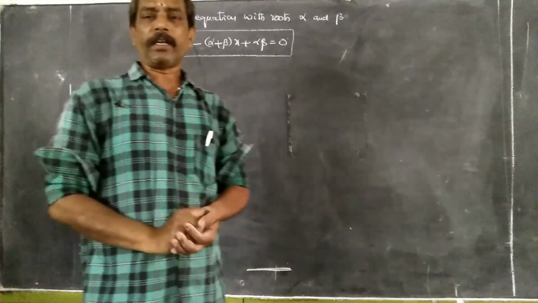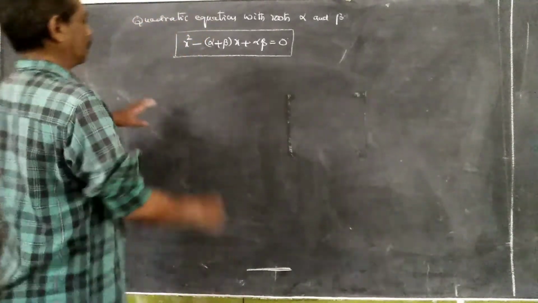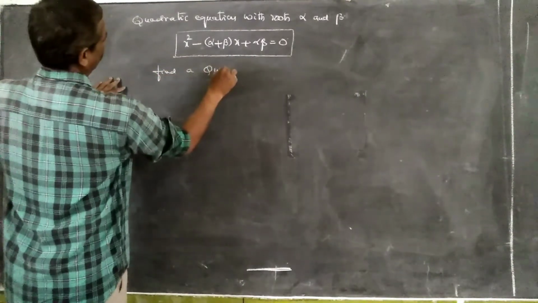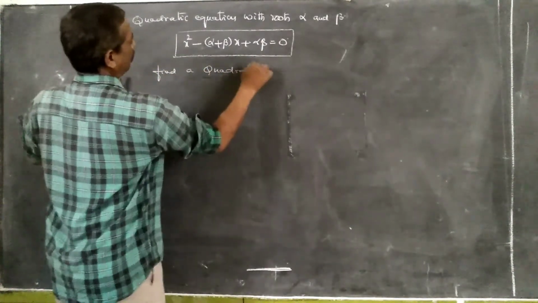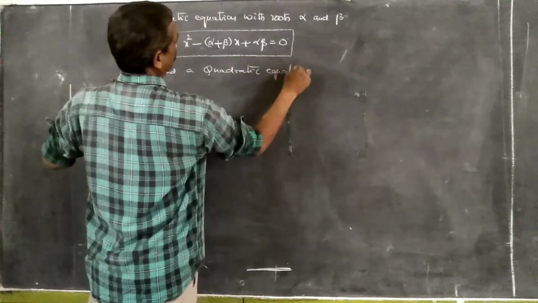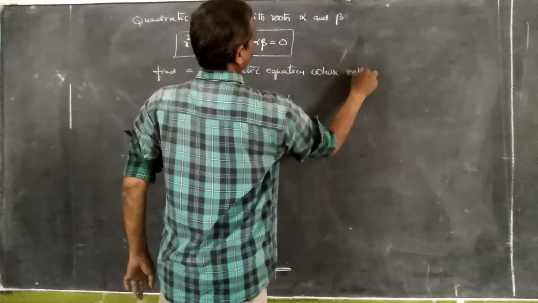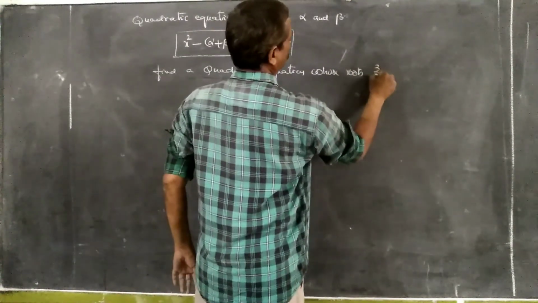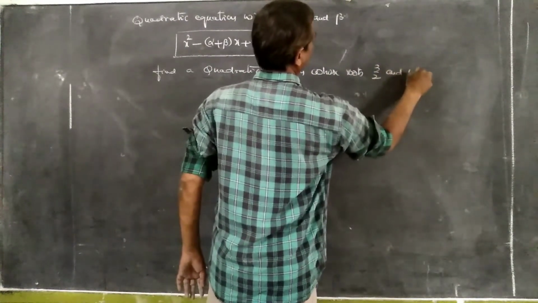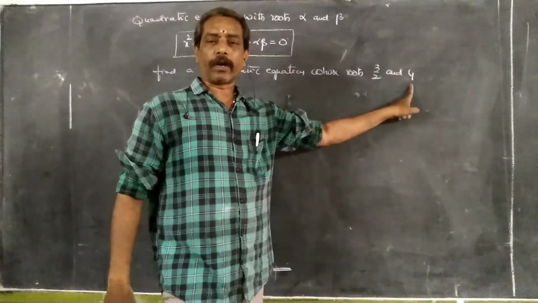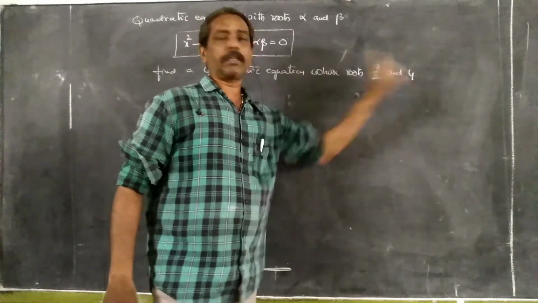So for example, find a quadratic equation whose roots are 3/2 and 4. 3/2 is one root, 4 is another root. Then find a quadratic equation with these two as the roots.